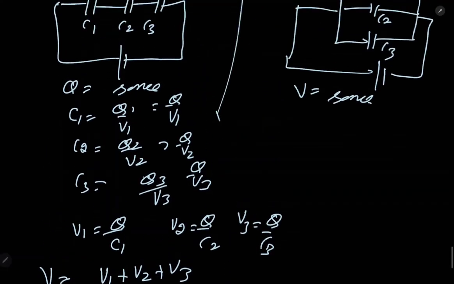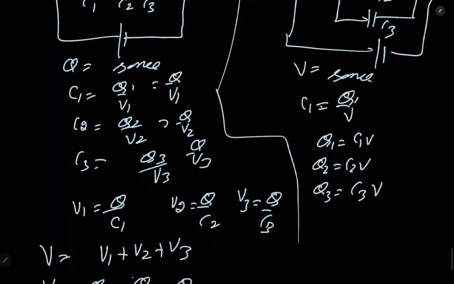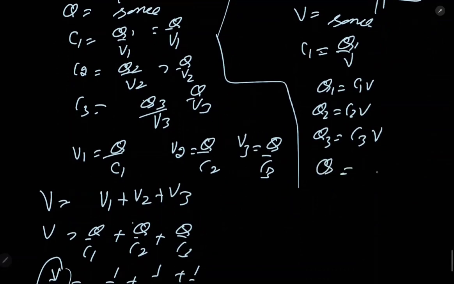While in case of parallel, V is the same, so C1 will be equal to Q1 upon V. I can find the value of Q1 from here, that is C1V. Similarly, Q2 will be equal to C2V and Q3 will be equal to C3V. So net charge Q will be equal to Q1 plus Q2 plus Q3.